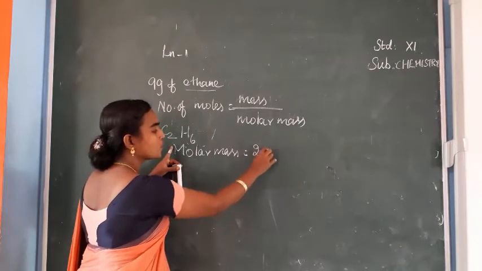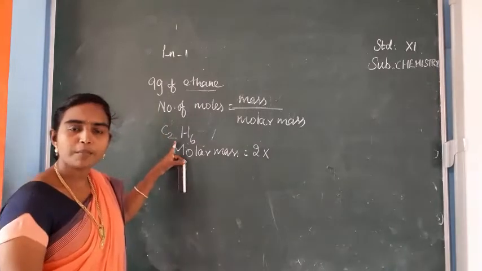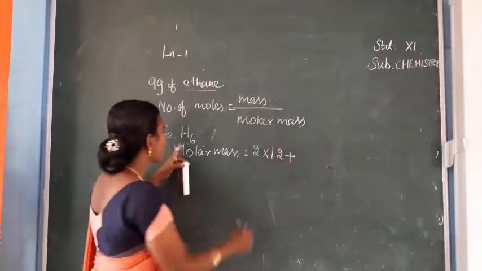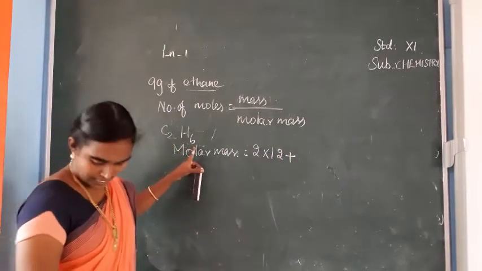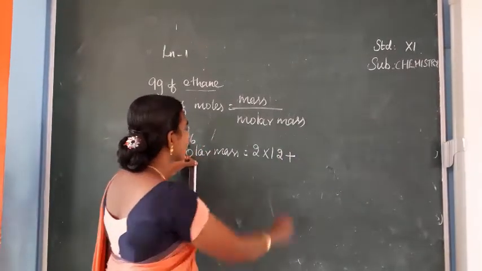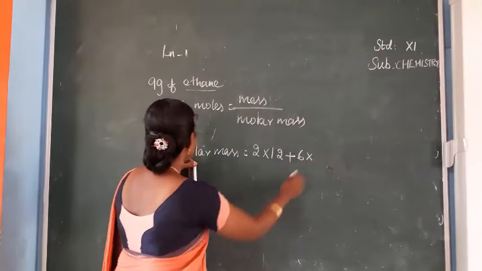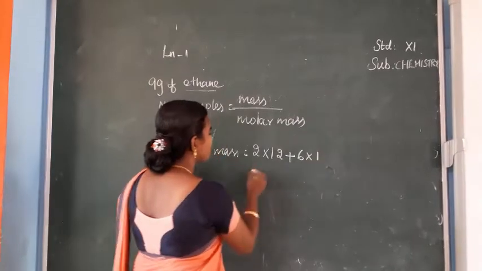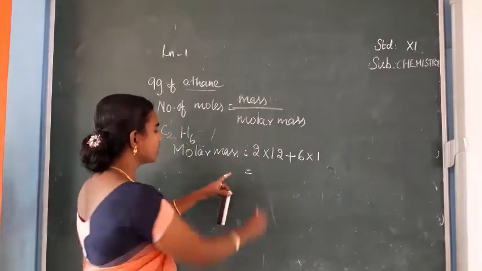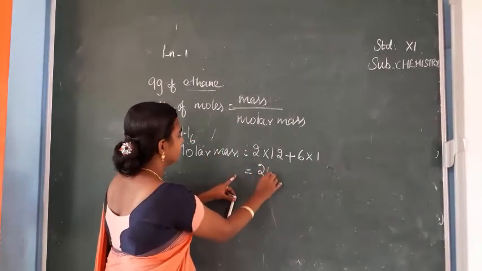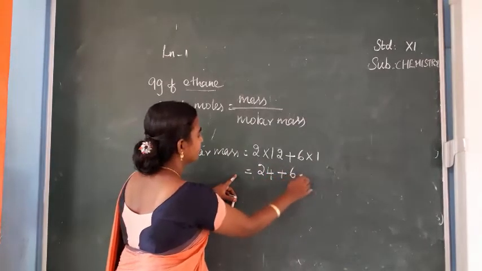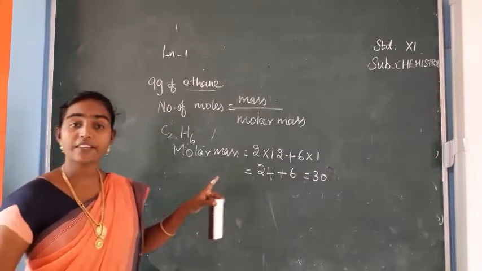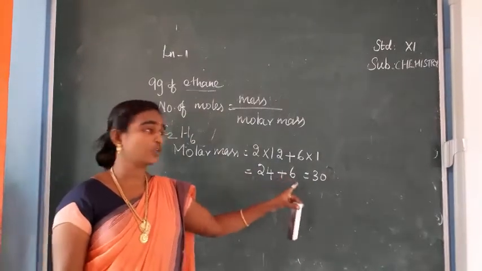So 2 into the atomic mass of carbon, which is 12, plus how many hydrogen atoms are there? 6 hydrogen atoms. So 6 into the atomic mass of hydrogen, which is 1. So which is equal to 30, isn't it? So we have calculated the molar mass as 30.